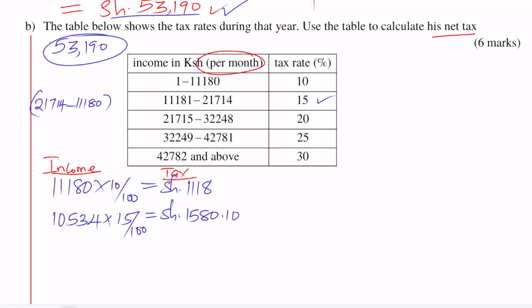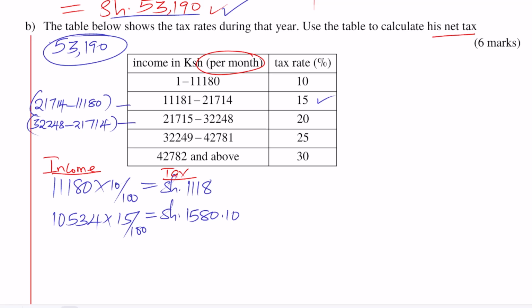We go to the next slab. We get the income of that slab by subtracting 32,248 minus 21,714.